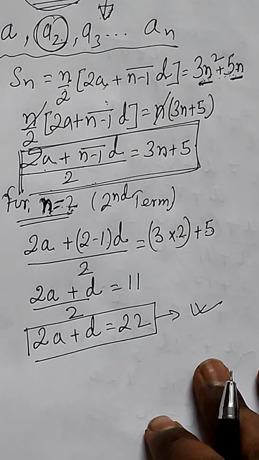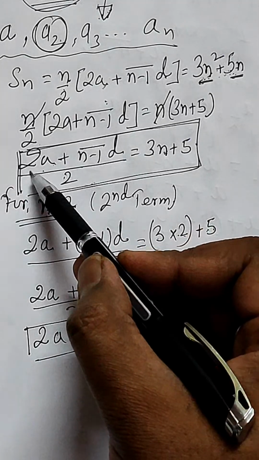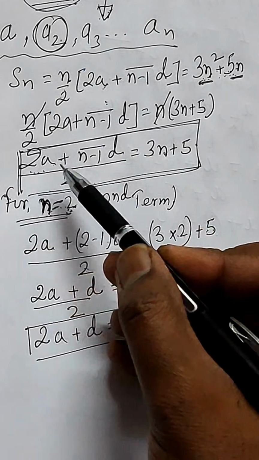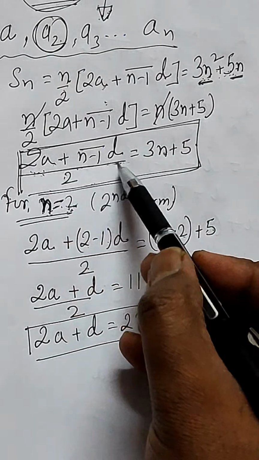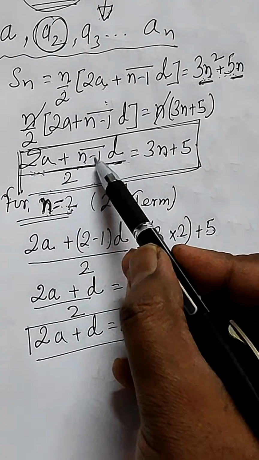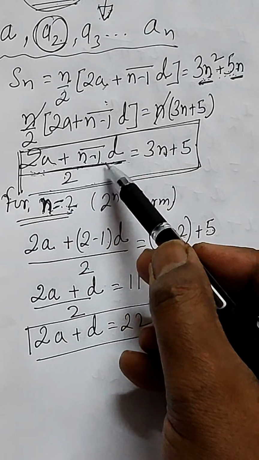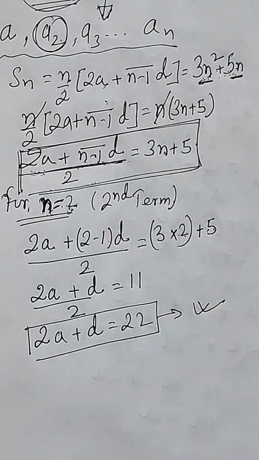Now put n equal to 3 into the same relation. You can also put n equal to 1, but that gives 0, so rather than using n equal to 1, just take n equal to 3.